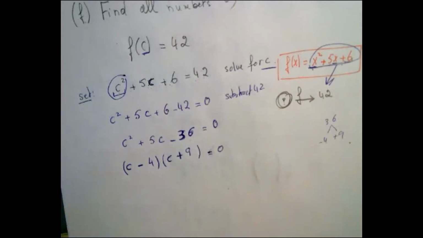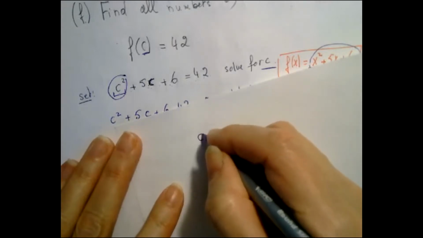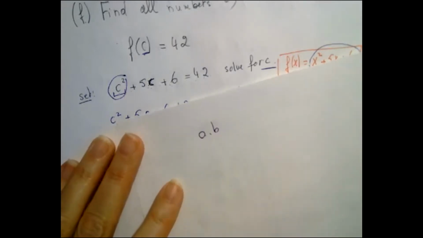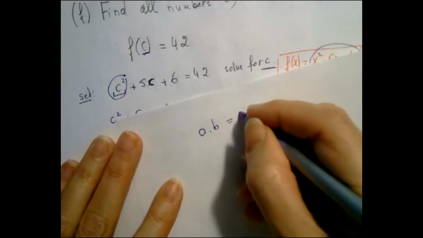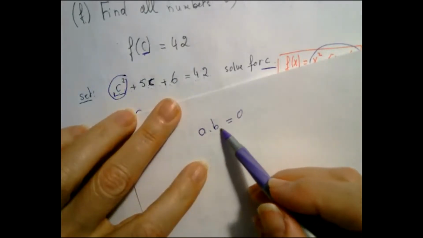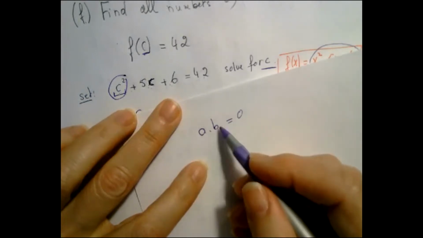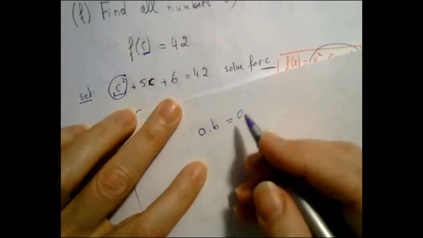And now what's the benefit of factoring? Let's see why we factor. If I give you two numbers, A and B, and I tell you the product is equal to 0, how can the product of two numbers be 0?